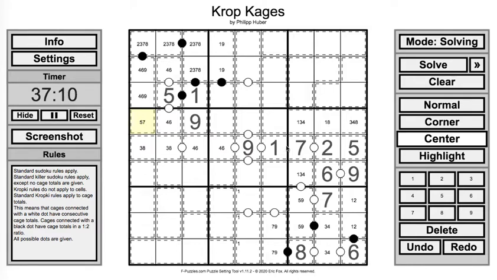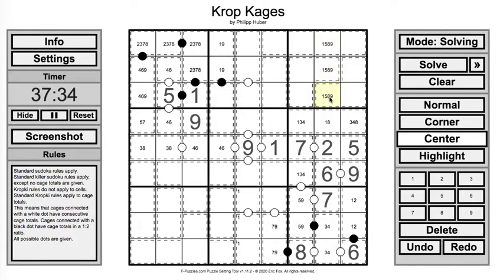Now I'm gonna take a look at column 8, where I know we have quite a restriction going on, because we basically know 5 digits down here, 3, 4, 2, 6, and 7. So we still need 1, 5, 8, and 9. So we can put 1, 5, 8, and 9 in these cells up here.